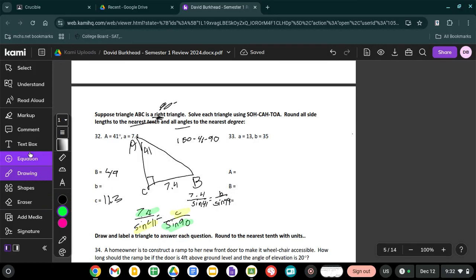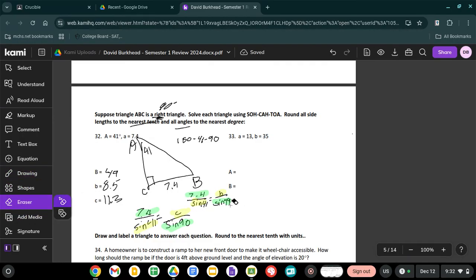Then cross multiply these two and these two. When you do that, you should come out to side B is 8.5. And that is question 32.